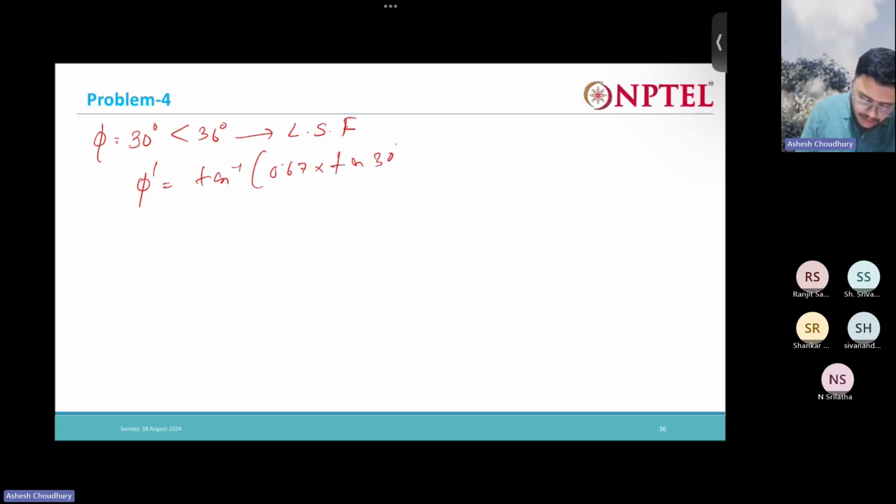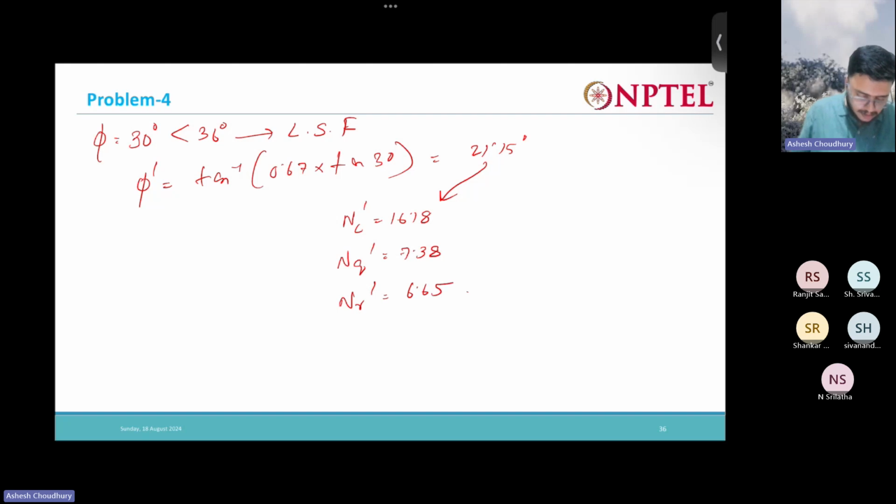So tan inverse of 0.6 tan 30 will come out as 21.15 degree. Now from your table in IS 6403, you interpolate the values and find out for 21.15 degree the values of NC, NQ and N gamma. Okay, then you calculate again DC, you calculate similarly.